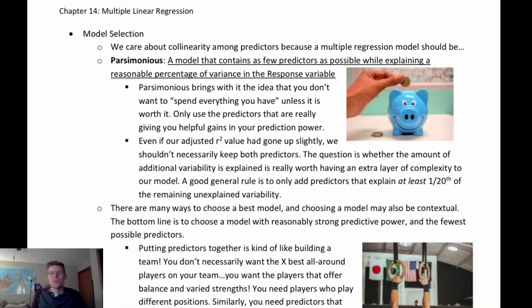I mention that not because there's anything magical about this threshold, but because it's a good thing to keep in the back of your head. It's not just that it goes up, but that it should go up by a meaningful amount. And if it doesn't, we should really question if it's worth including. Is it really helping enough that we'd like to include that additional predictor?